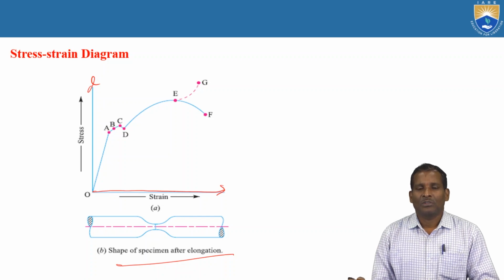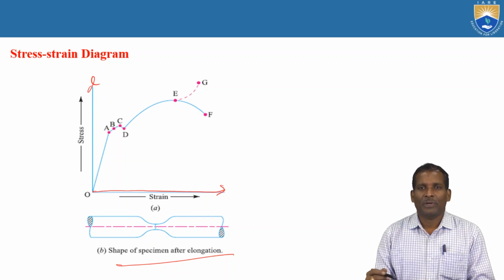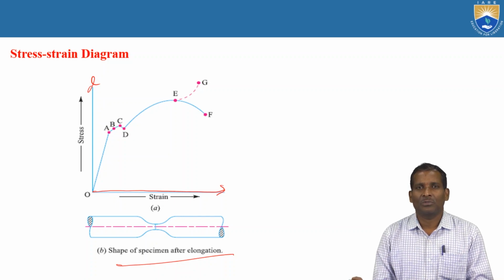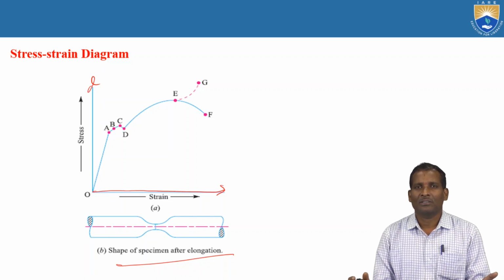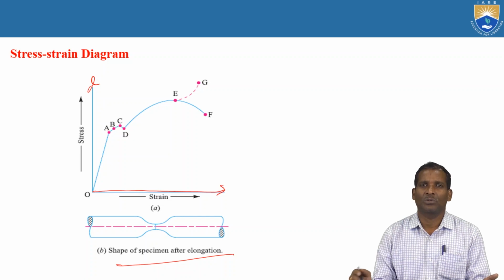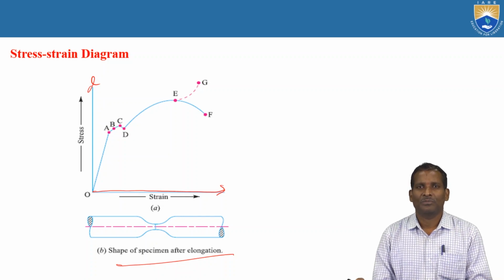By using this tensile test machine, you can calculate stresses at different levels of loading. You gradually increase the loads and observe the component: how it elongates corresponding to the applied loads.